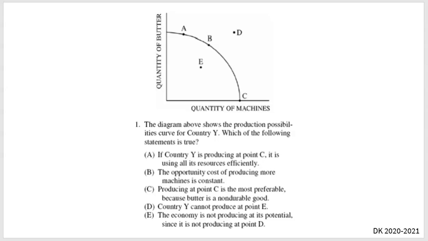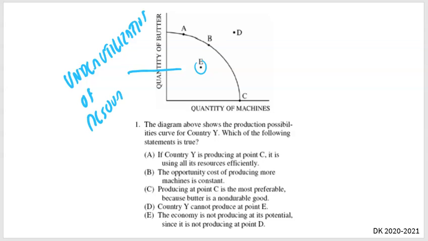And so we have our PPC here, and remember, anything inside the curve, like at point E, we are going to say is underemployment of resources or underutilization of resources. Anything on the curve, A, B, C, let's mark this in red, that is going to be efficient.